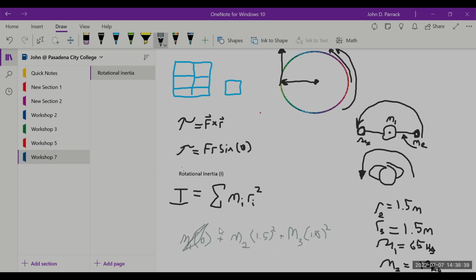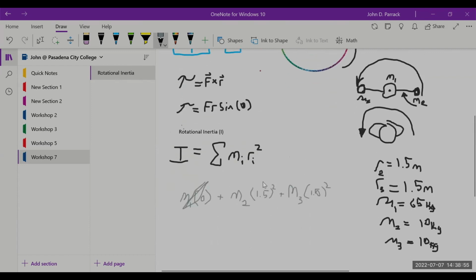We've got 10 times 1.5 squared, plus 10 times 1.5 squared. So I get our rotational inertia.